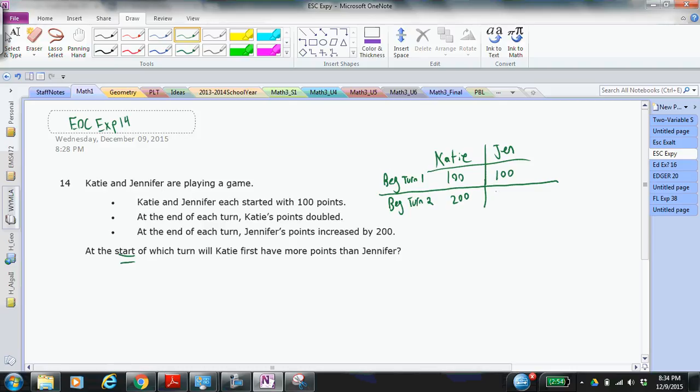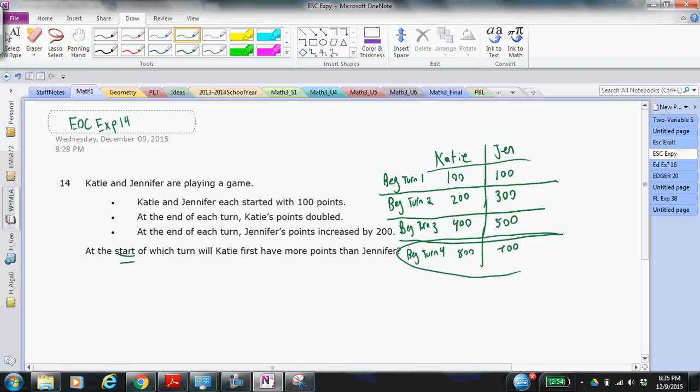Jen's points increased by 200, so 100 plus 200 is 300. Then at the beginning of turn 3, Katie doubles, so 200 times 2 is 400, and 300 plus 200 is 500, since Jen is adding 200. That leads us to the beginning of turn 4. Now Katie's at 800, Jen's at 700, so the beginning of turn 4 is when Katie first has more points than Jennifer.